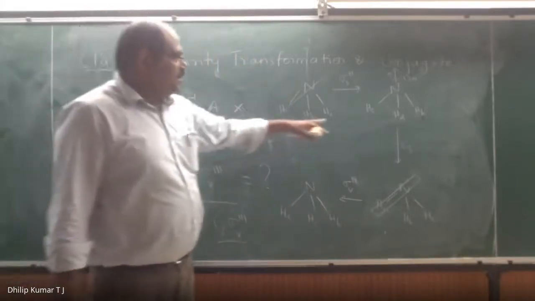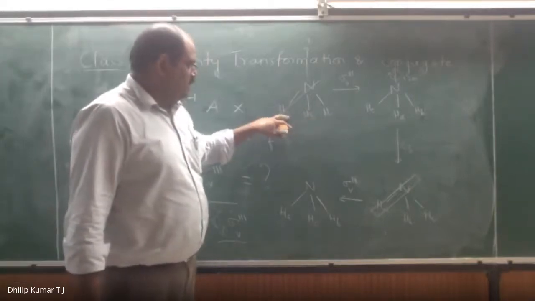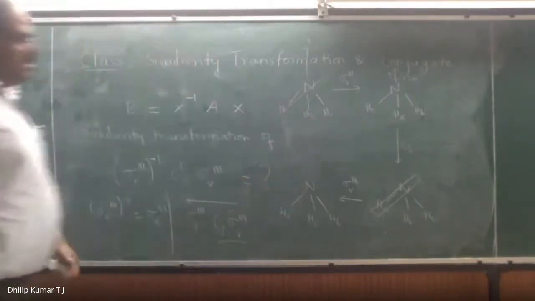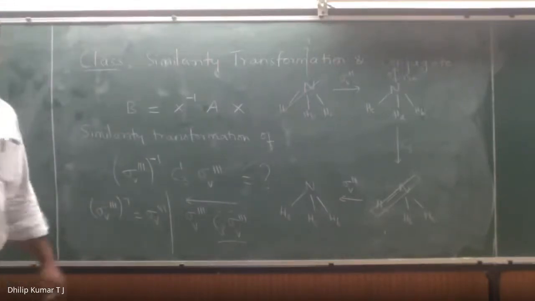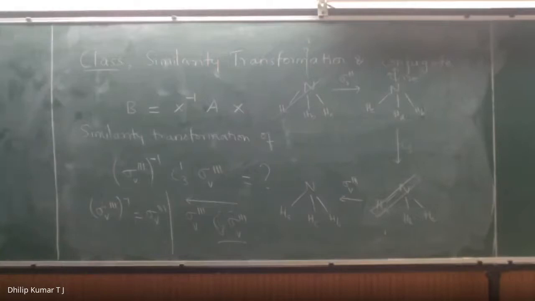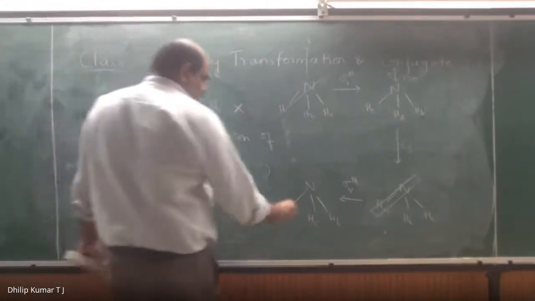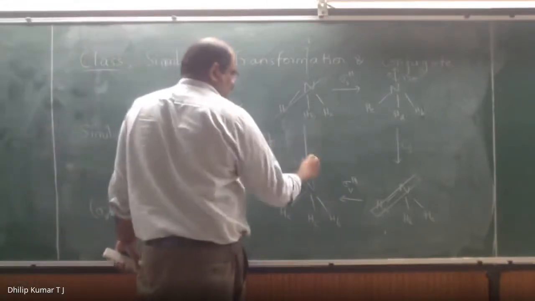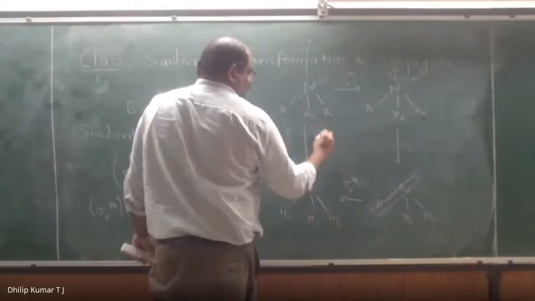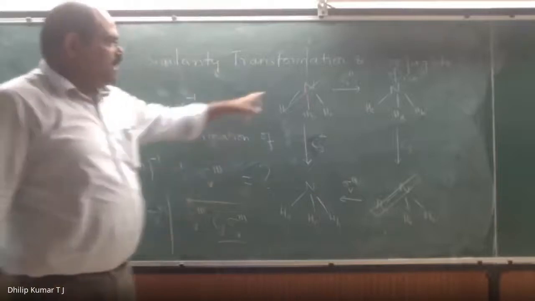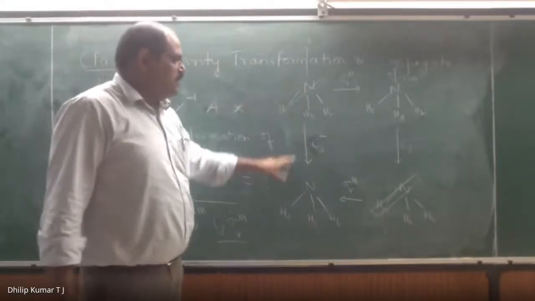This is the starting one: HA, HB, HC. Now it has come down to HB, HC, HA. So how do we get that? From the starting to the end, we can come by C32.